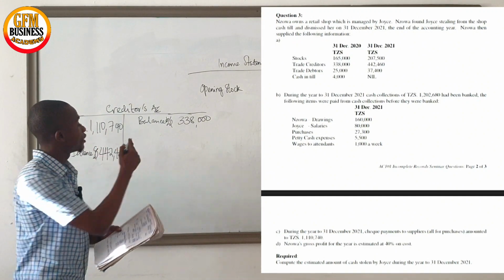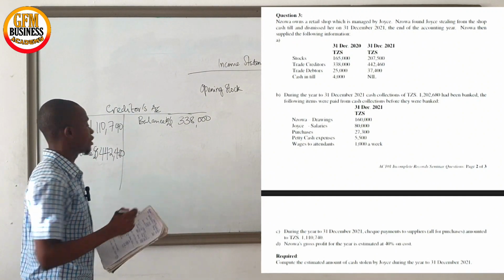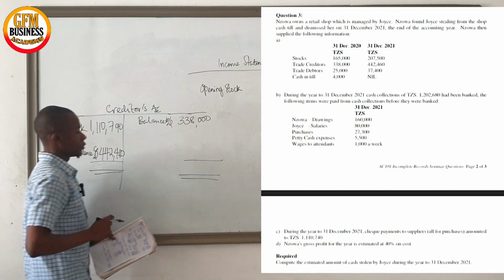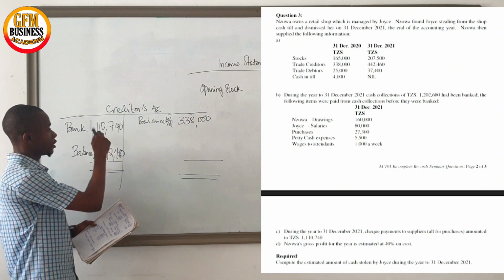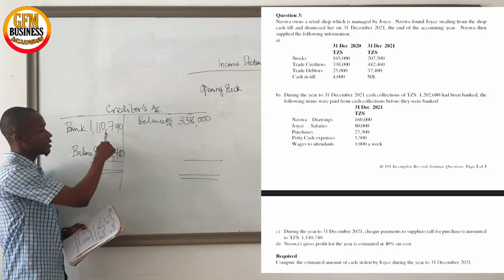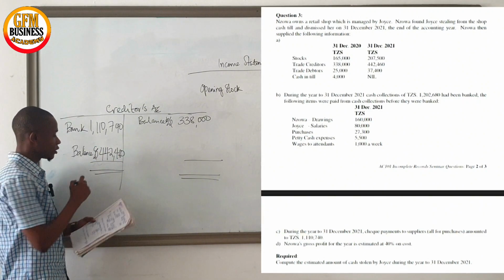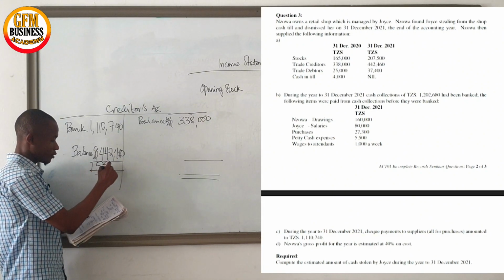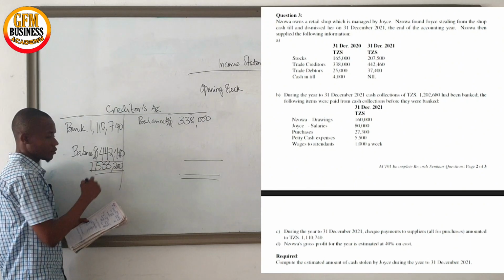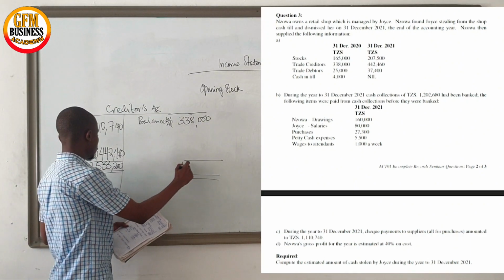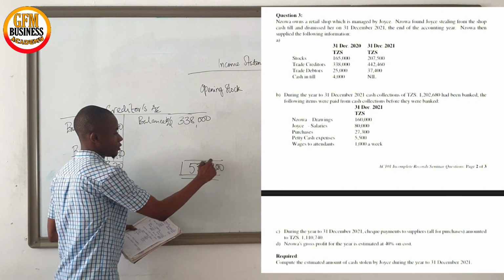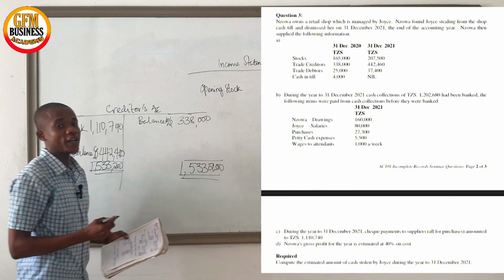You need to open this account in order to find credit purchases. You close this account, add this and this to get a total. When you add, you'll get 1,533,200. You copy this number on this side as 1,533,200. Then you find the difference.